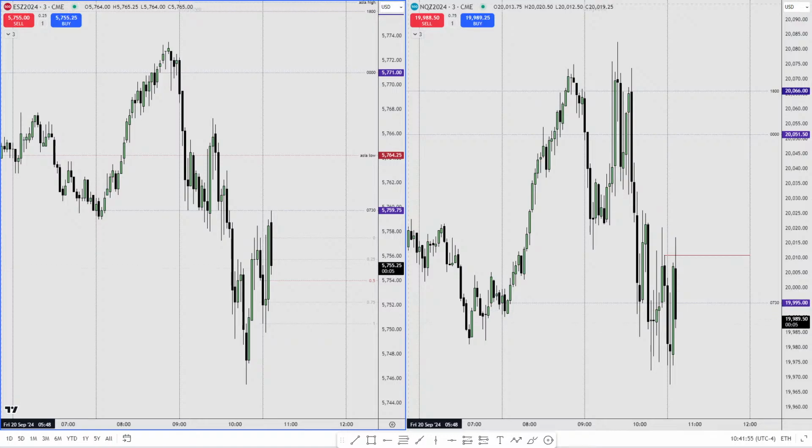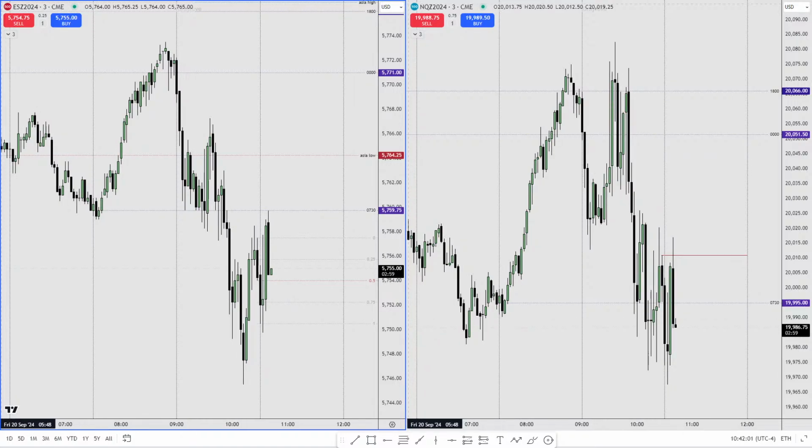The proportion order block for ES is not confirmed, okay, because NQ has not shown the willingness to change the thing of delivery. So I wouldn't trust any PD arrays right now, even on ES. Which is why intermarket analysis is important.